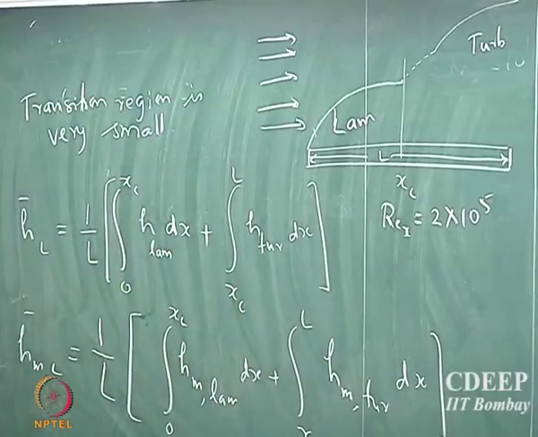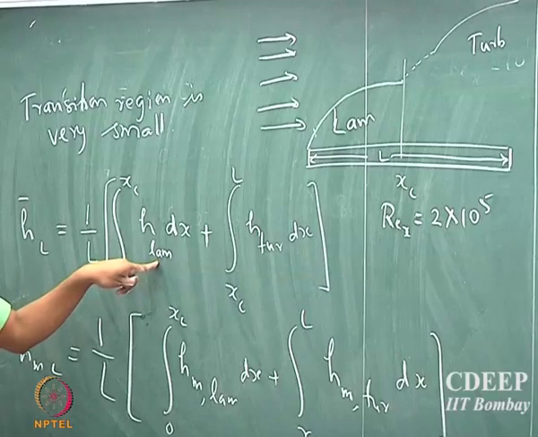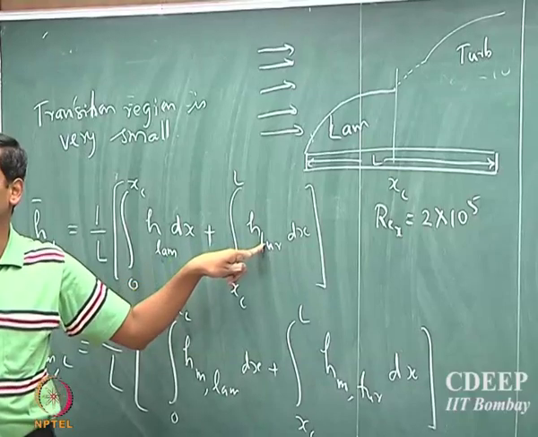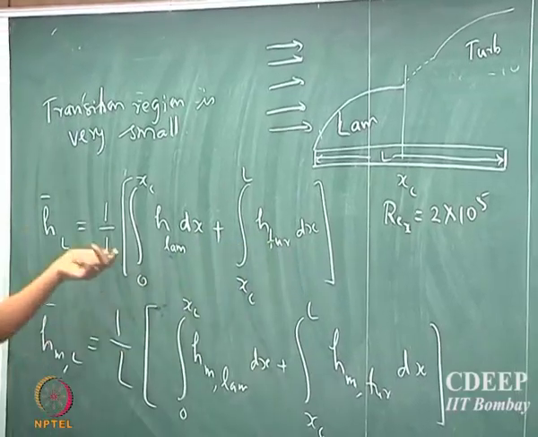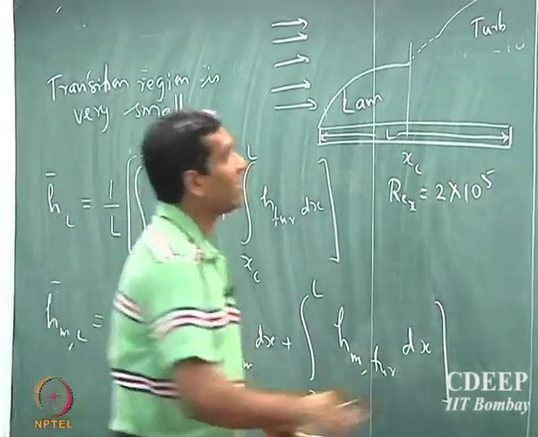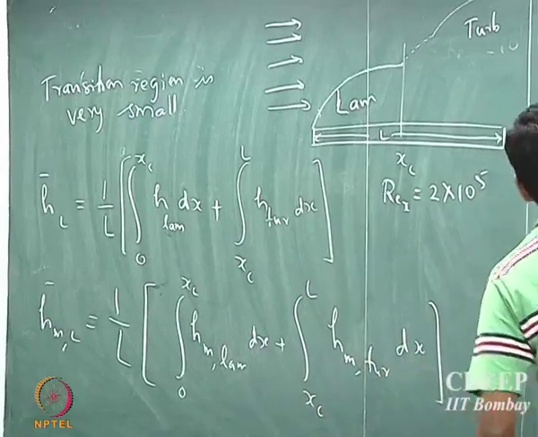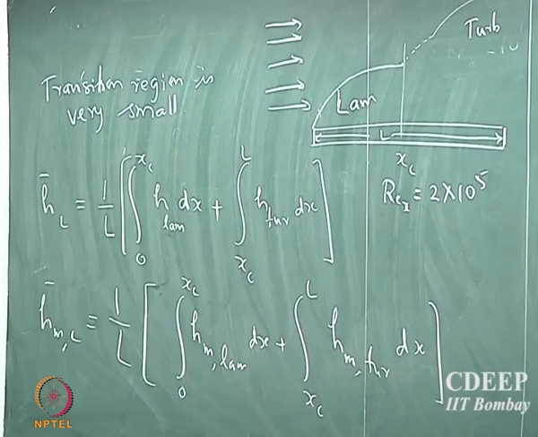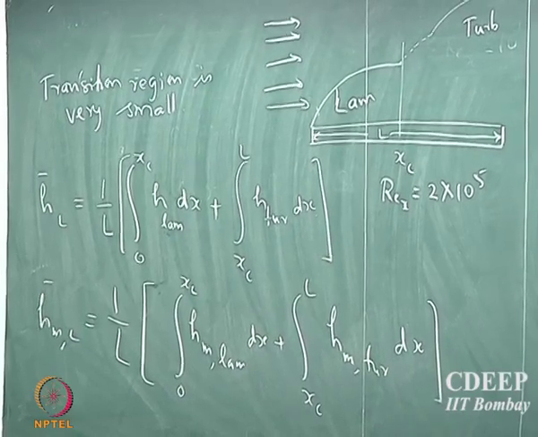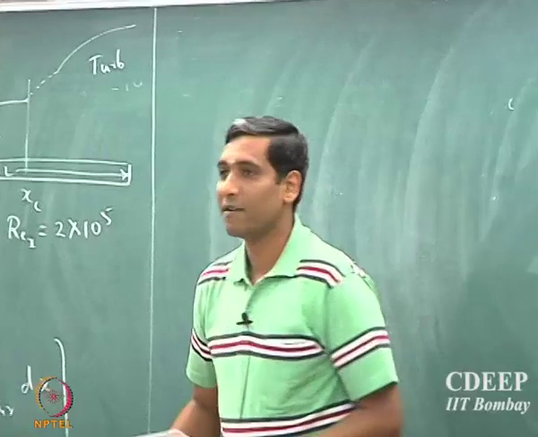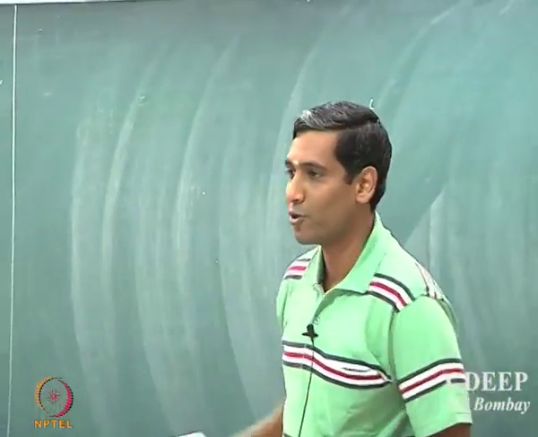So if we know Nusselt number, we should be able to calculate the heat transport coefficient under laminar conditions, similarly heat transport coefficient under turbulent conditions. So plug that in and you can integrate. I am not going to do the integration here. It's quite easy to do this integration, it's not very hard. It takes about 5 minutes, so you should all do this.